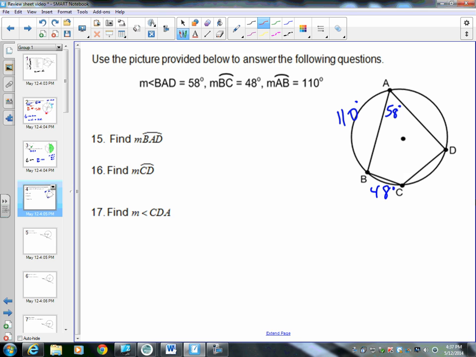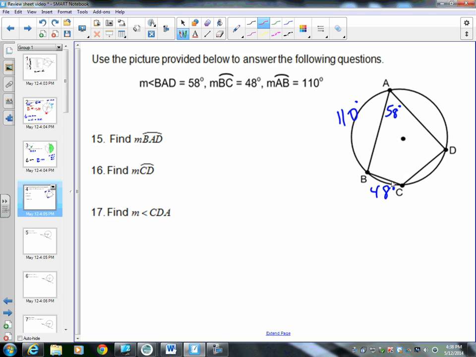Okay, so first what we're going to do is use this information. Let's just find everything that we can on the circle. First, I can see that there is a shape A, B, C, D. The shape on the inside, or what we call inscribed, in the circle. If we have a four-sided figure inscribed on the inside of that circle, that means a couple things. First of all, we know that opposite angles, for example, angle A and angle C, or angle B and angle D, are always supplementary.